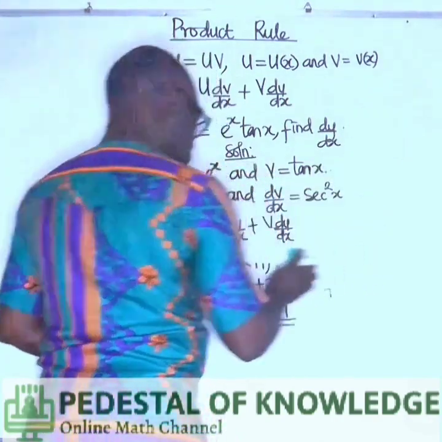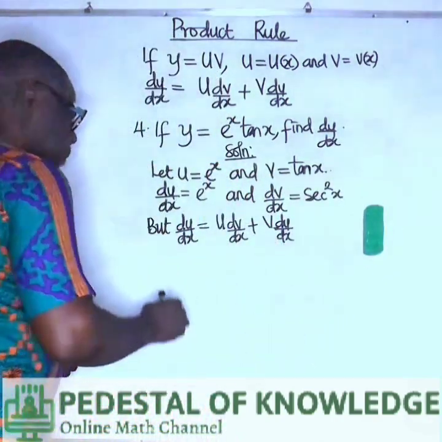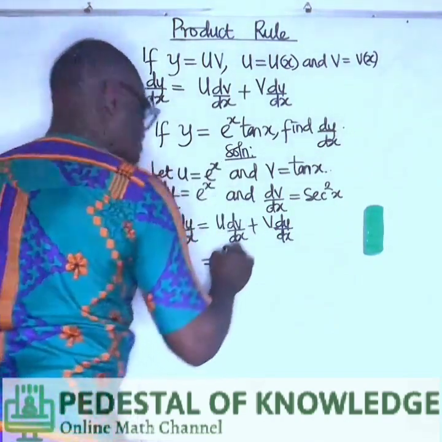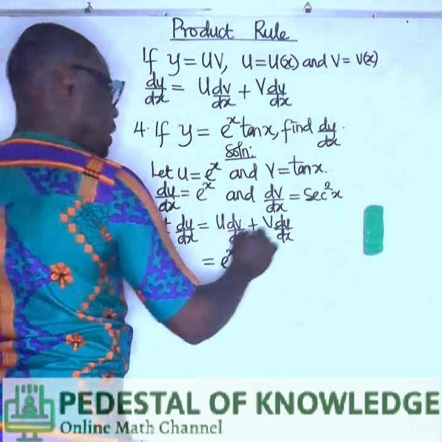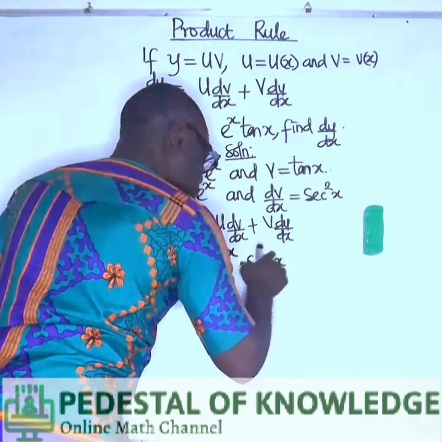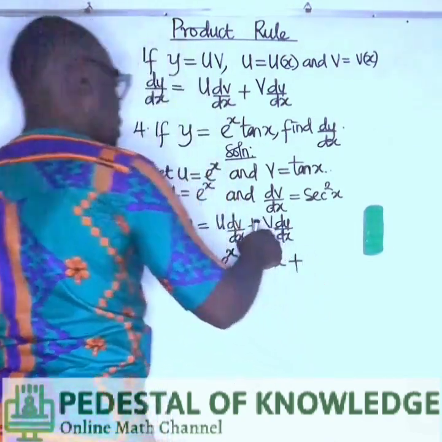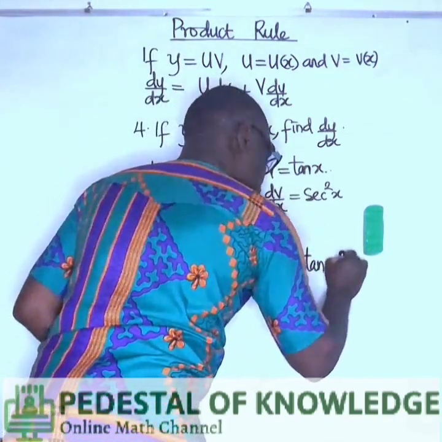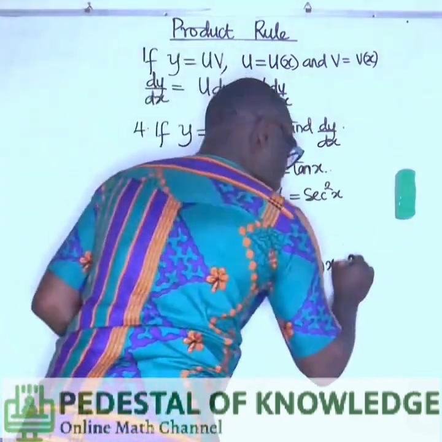Okay. Now, dy dx is equal to u is e to the power x multiplied by dv dx is sec squared x plus v is tan x multiplied by du dx is e to the x.